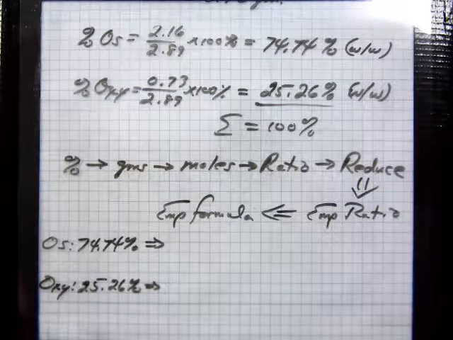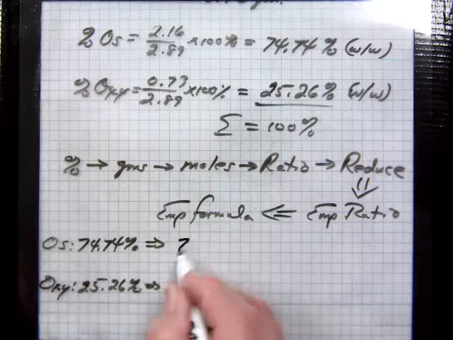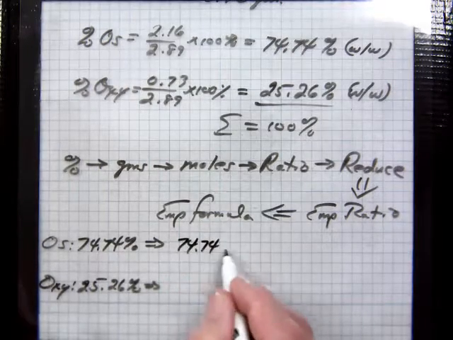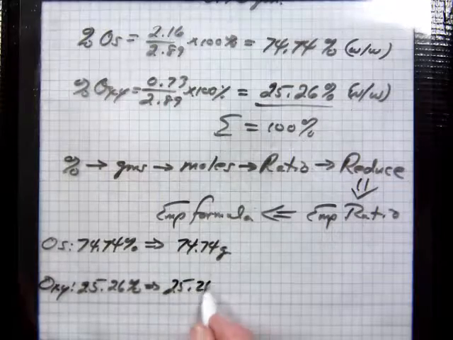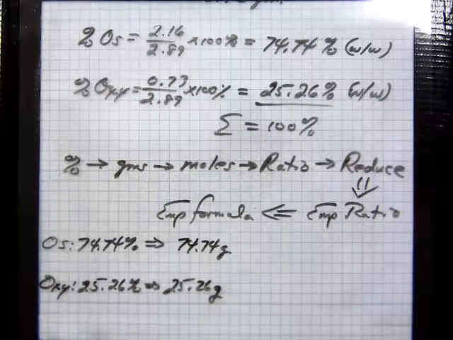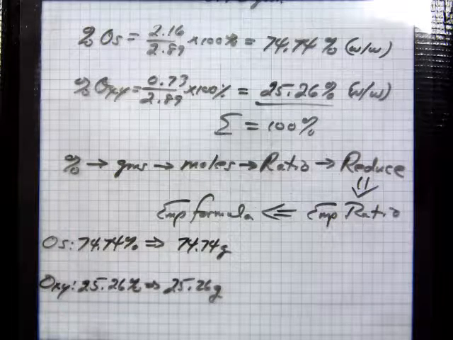And if you have 100 grams, those are the parts of the 100 grams. So that would be 74.74 grams and 25.26 grams.